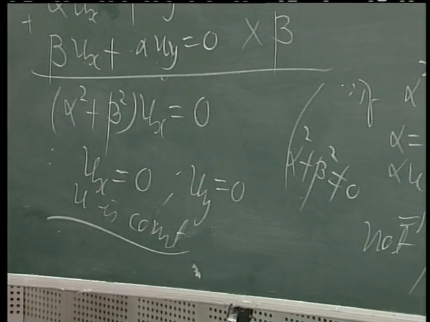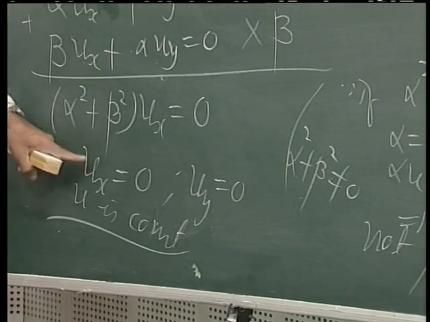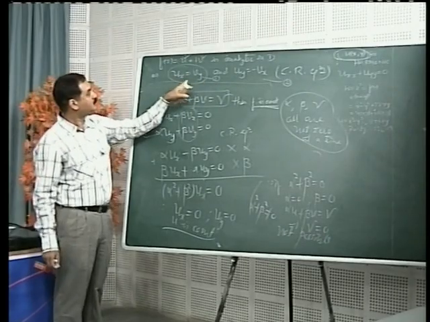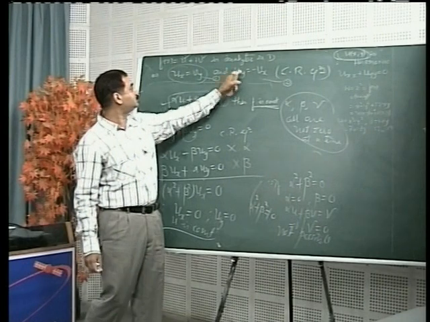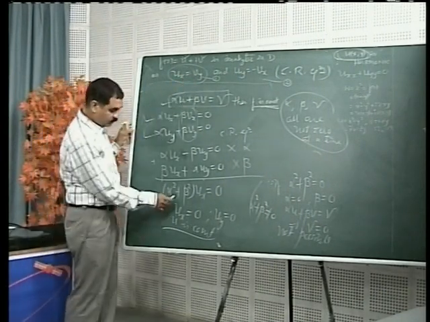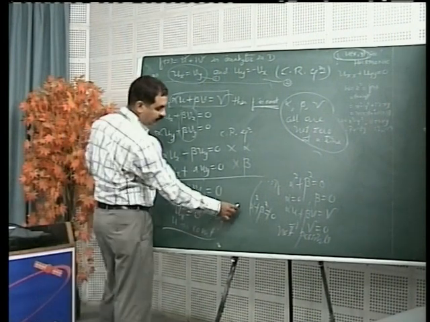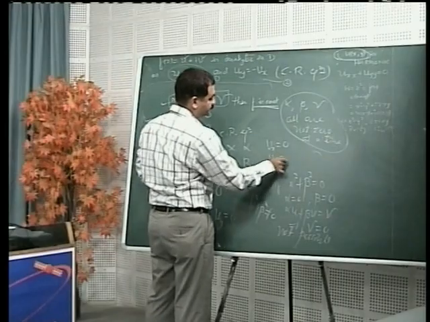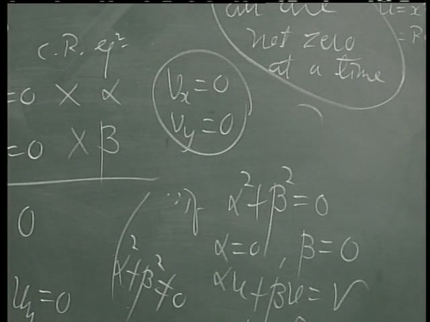Now ux is 0, uy is 0, substitute in the CR equations, vx is 0 and vy is 0. That means v is constant.